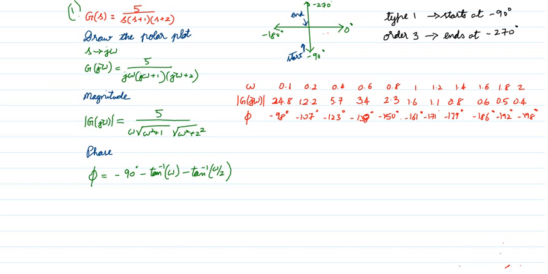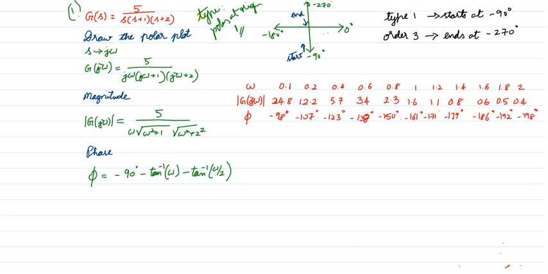Okay, so first thing we have to find is the type number of the system, right? What is the type number? Type is the number of poles at the origin. So 1. So type is 1. What is the order?